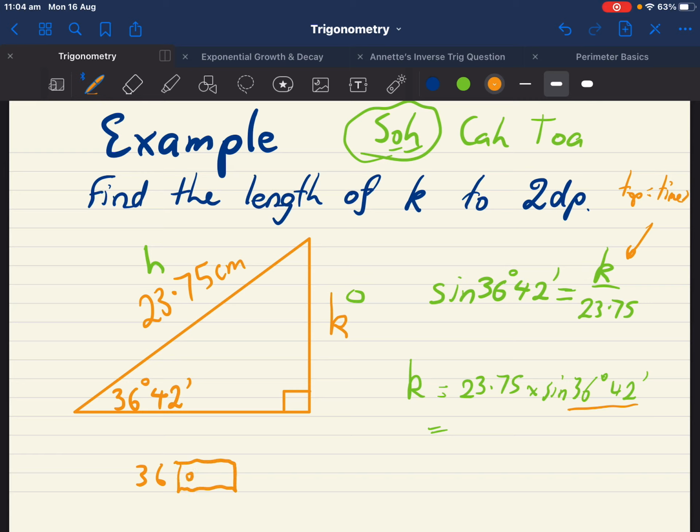Looks like this, degrees, minutes, seconds. That's exactly what it looks like on your calculator. So to insert 36 degrees into your calculator, go 36, press that button, and then type in 42, and then press the button again.